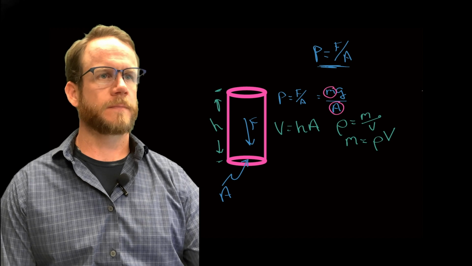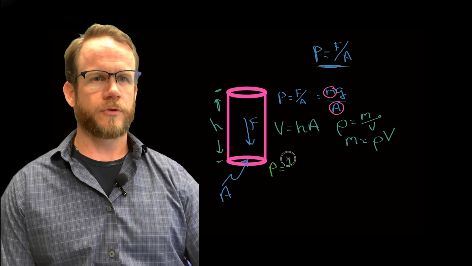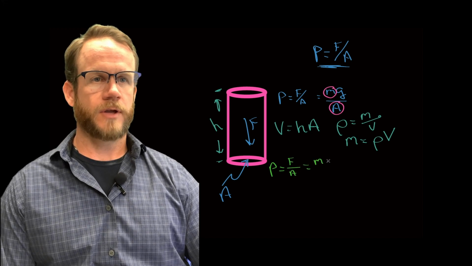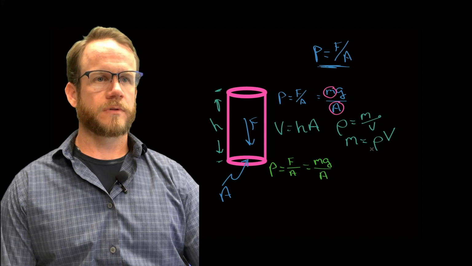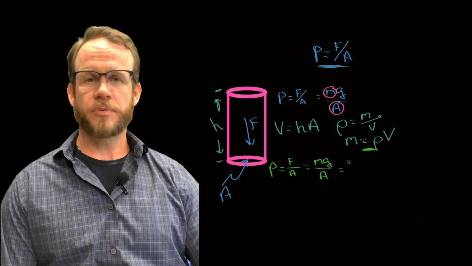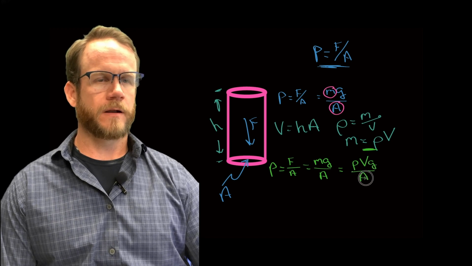I have pressure is equal to force over area. And that is equal to mass times gravity over area. And because of this formula here, I can replace mass with density times volume, times gravity, over area, all right?